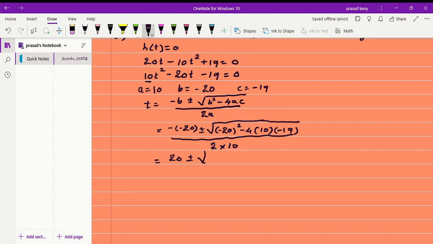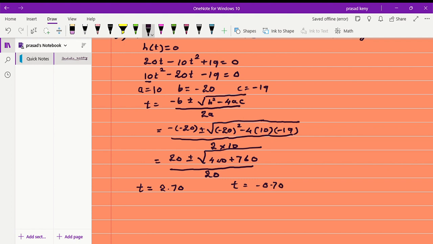Now if you calculate, this will be 400 plus 760 upon 20. Now I'm not going into much detail of the calculations. You can directly do this on the calculator. So you'll get two values of t. One is 2.70 and the other is negative 0.70.